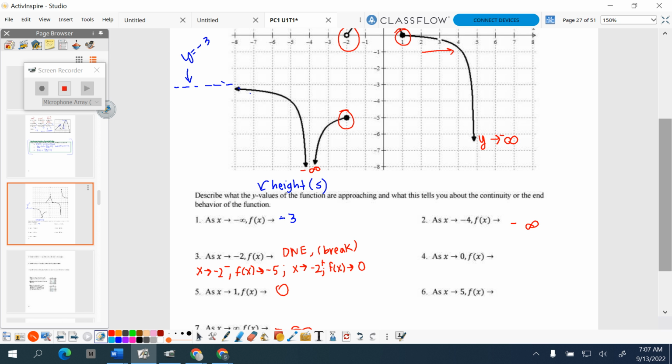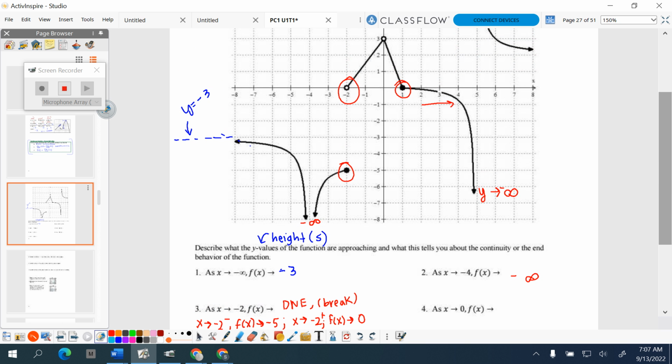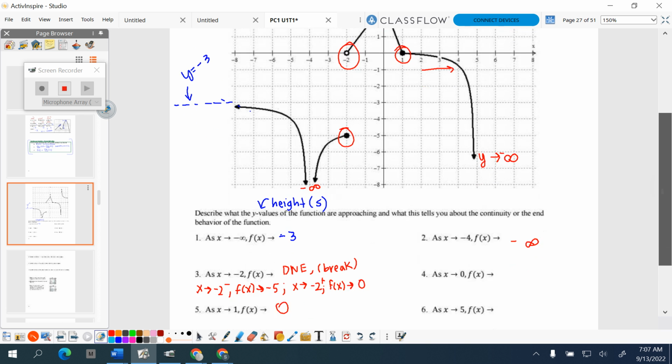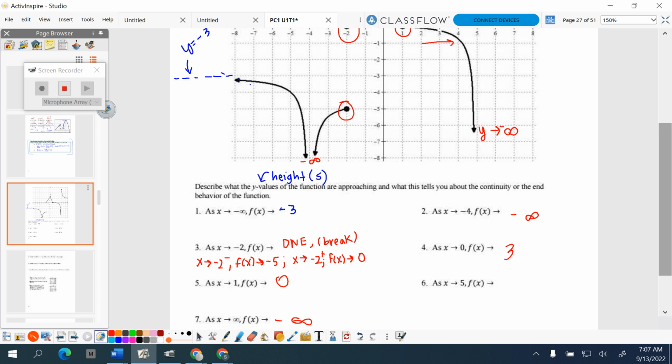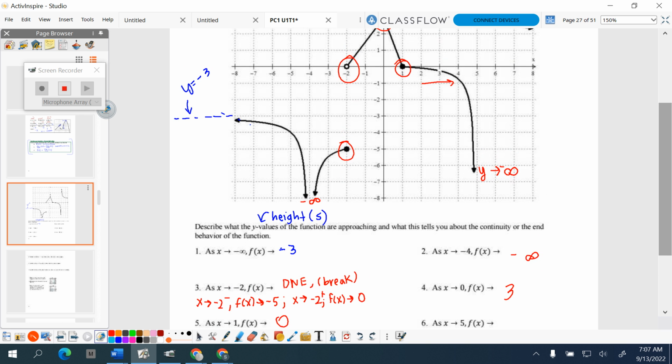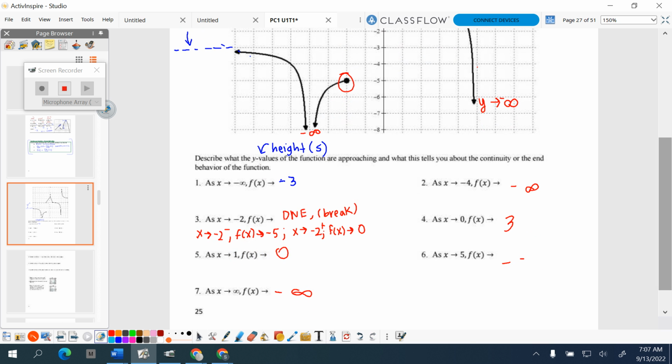Technically, it doesn't exist. It says as x goes to 0, it's got a height of 3. And as x goes to 5, it's going to negative infinity. It's the same as this one.